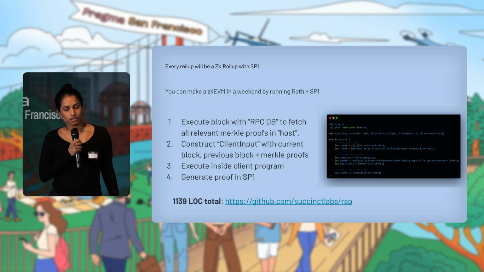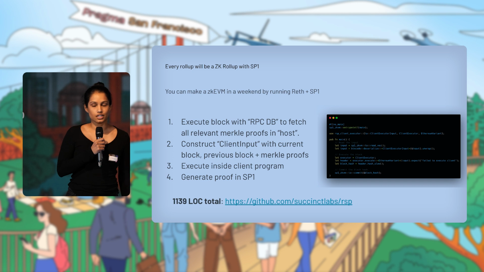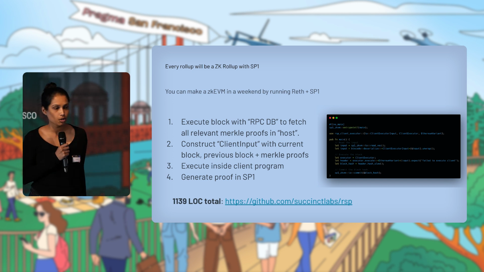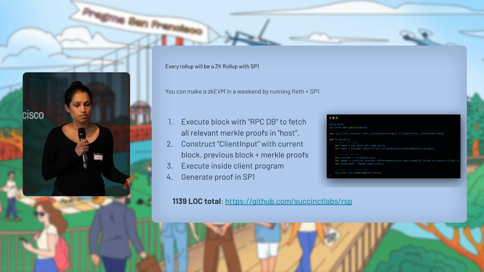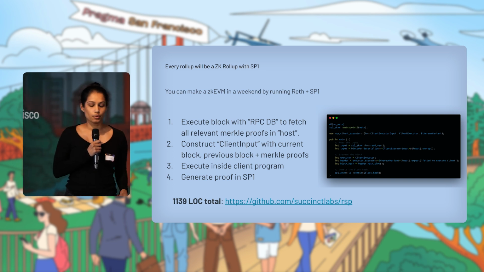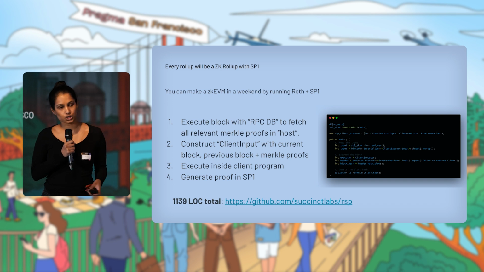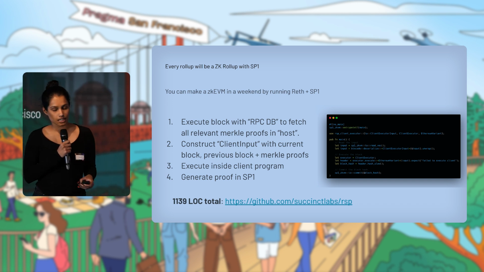As I was talking about before, one of the biggest applications of ZK today is ZK Rollups. And in the Ethereum-centric roadmap, for those of you that are familiar, there's this world where every rollup in Ethereum is going to be a ZK rollup. So with SP1, we were able to take Reth, which is a Rust implementation of an Ethereum client, and we were able to stick it in SP1 and run it.